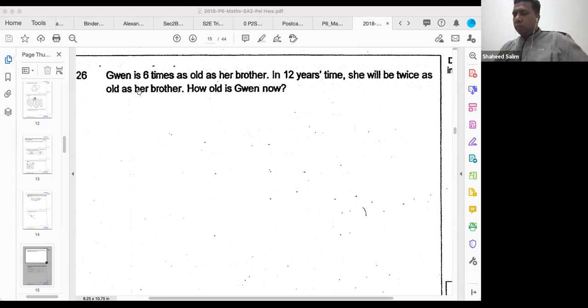Yeah. In 12 years time she'll be 2 times as old as her brother. I don't understand. That means in 12 years time, she's 2 times the brother's age.